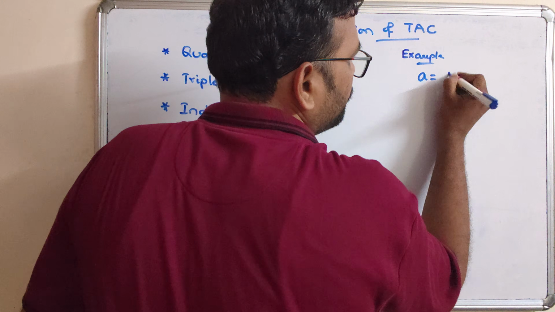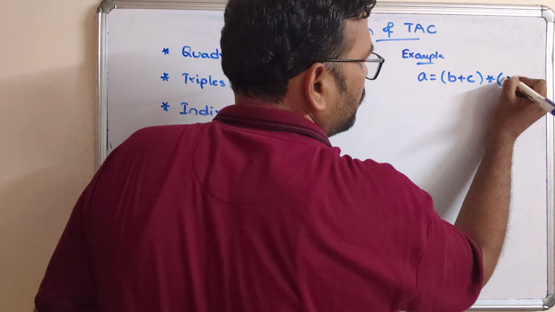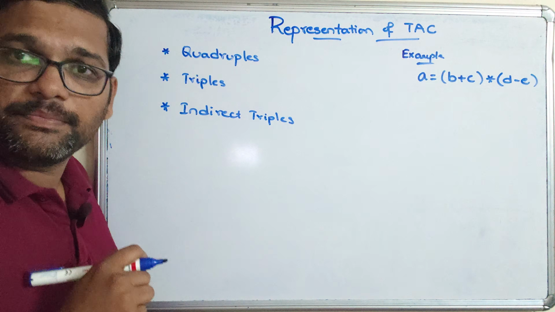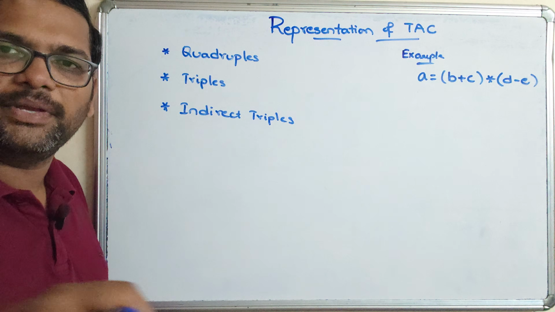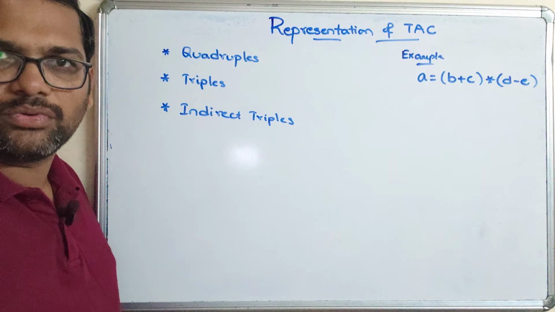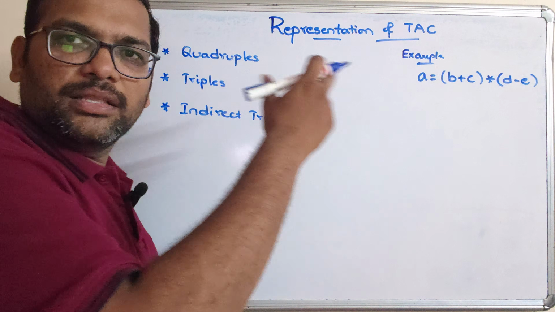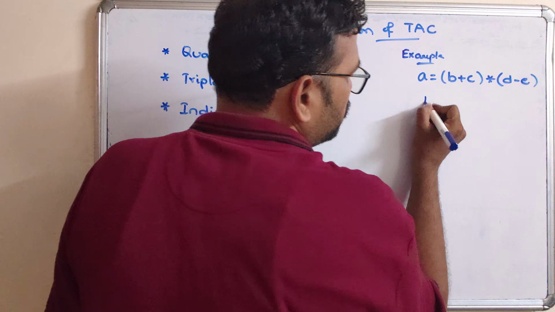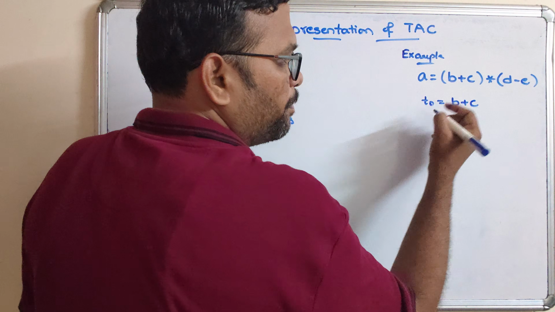A is equal to B plus C into D minus E. In our previous session we already saw how this expression can be written in three address code. Among all the operators, the parenthesis has the highest precedence. So the first temporary variable stores the expression inside the parenthesis, and there is one more parenthesis.